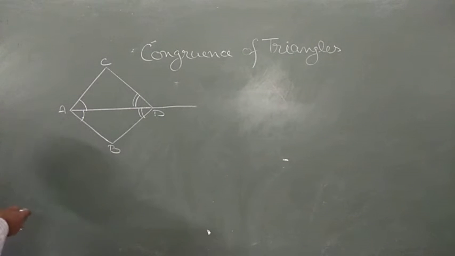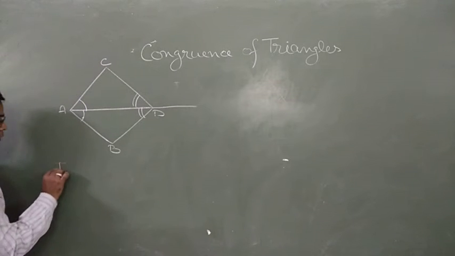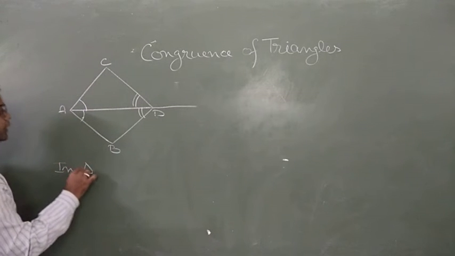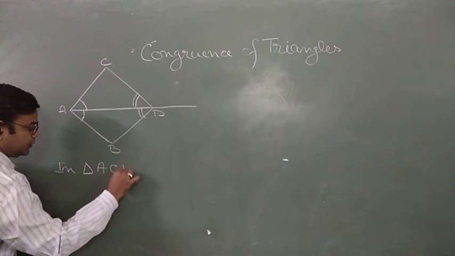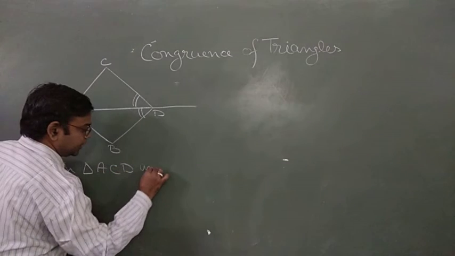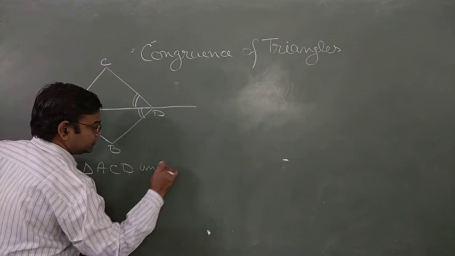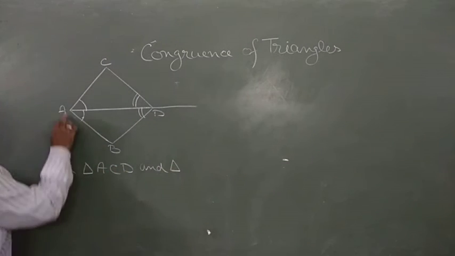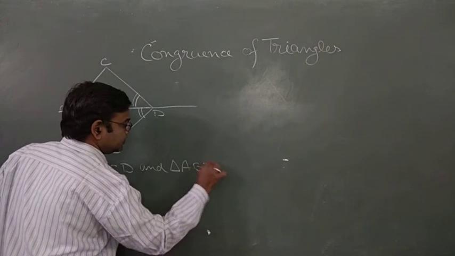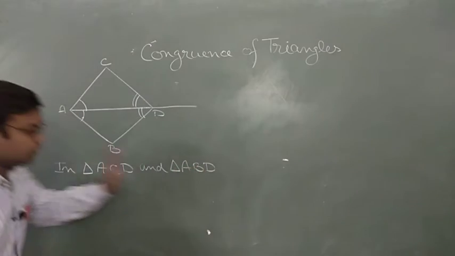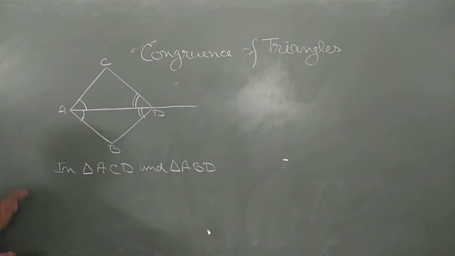See on this side, we first write down which triangles we are using. In triangle ACD, and second, in triangle ABD. Clear? Now write in a proper way.